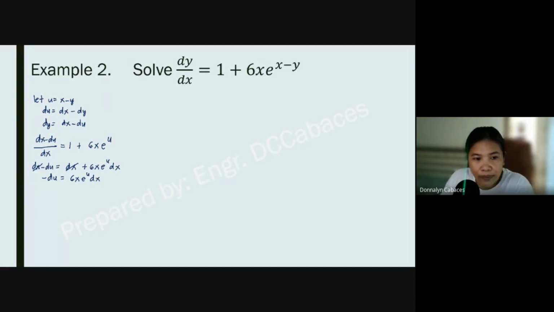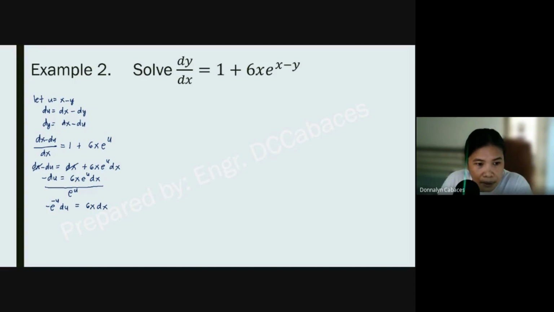And now, how can we solve this differential equation? What is the form of the resulting equation? You have here du, but on the right side, you have x dx, and you have e to the u. So we do not need your e to the u on the right, and therefore, by separation of variables, we can separate them if we divide by e to the u. So you have negative e to the negative u du is equal to 6x dx.